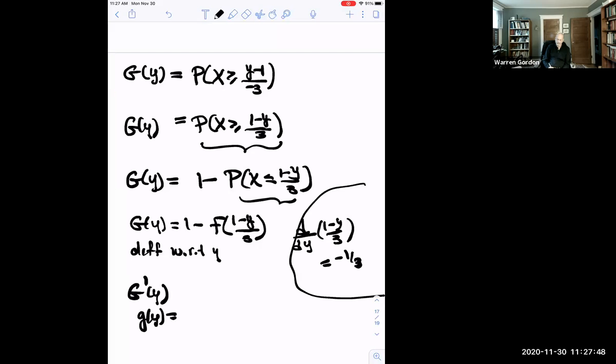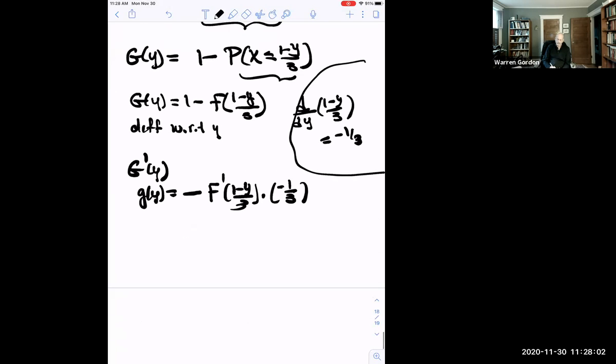The derivative of 1 is 0. I get a minus sign, and then I get f prime of (1 minus y)/3. And the chain rule says I have to multiply this by the derivative of the inside, which is minus 1/3. So this gives me g(y). The minus signs cancel. I get 1/3 times little f of (1 minus y)/3.